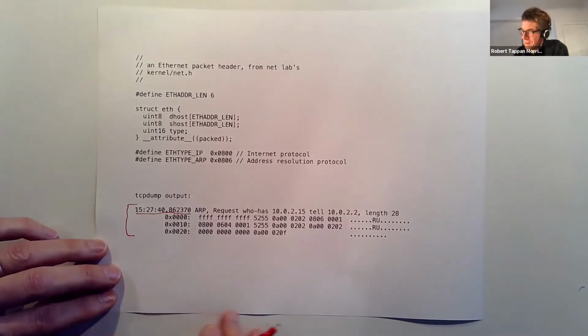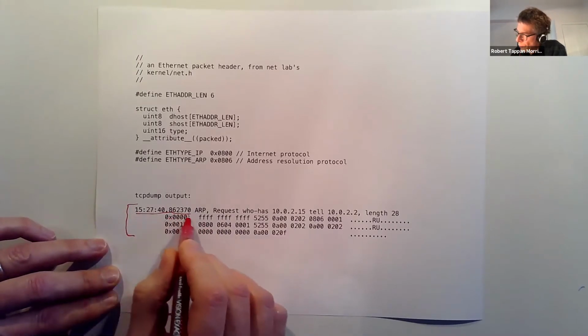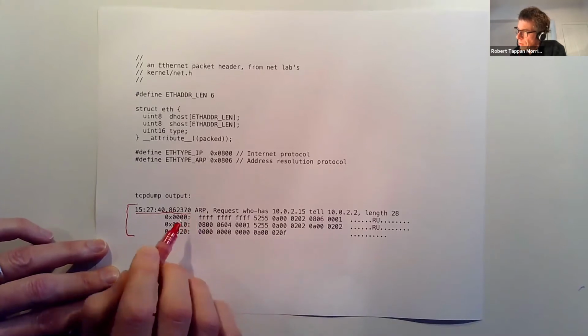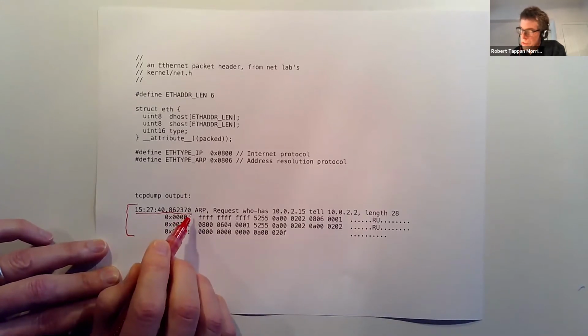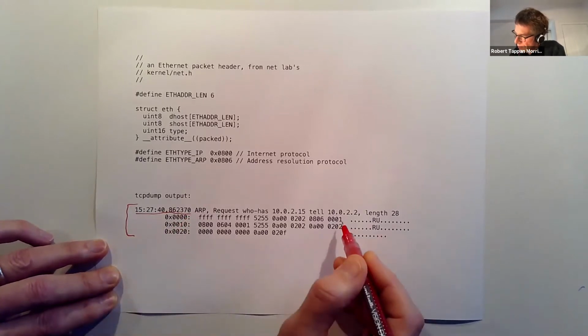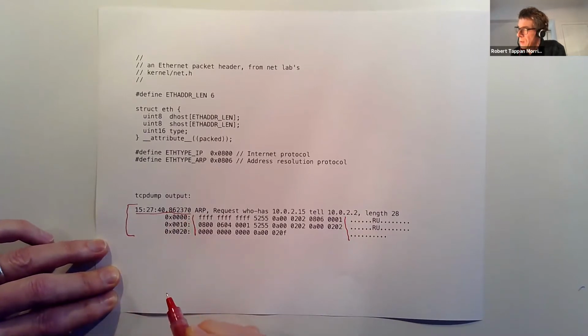If you like, you can try this on your laptops if you install tcpdump. And the rest of the first line is a sort of human readable interpretation of what kind of packet that is. And then these next 3 lines are a hex dump of the received packet.